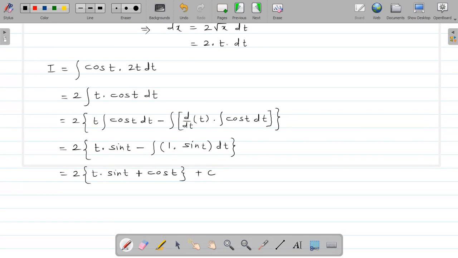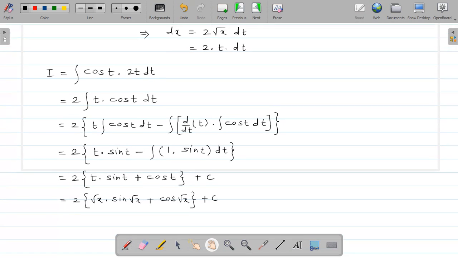Now resubstitute the value of t as root x, so 2 into root x into sin root x plus cos root x plus constant.